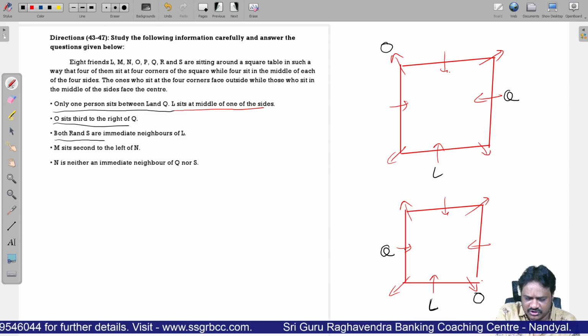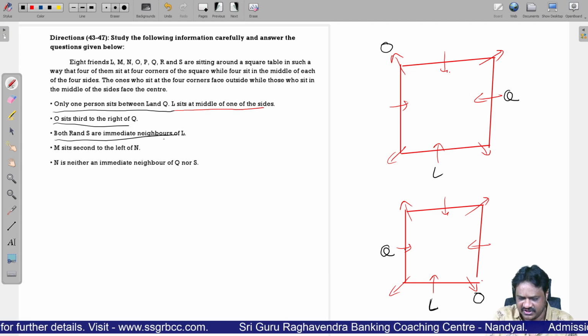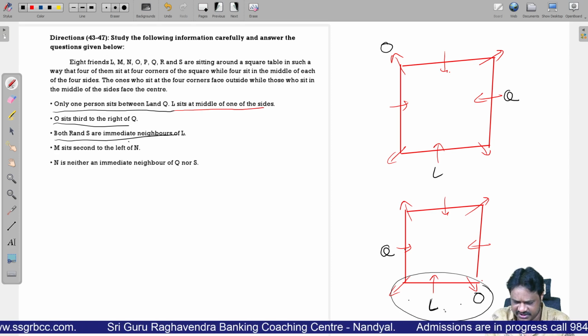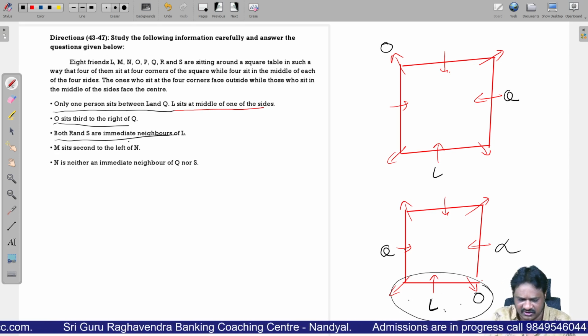Then both R and S are the neighbors of L. See this point? Both R and S are the neighbors of L. So can we get this in the second case? No. So this one is definitely wrong.